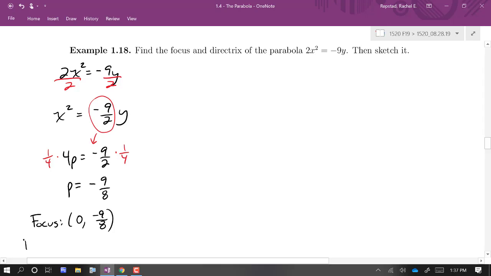So there's our focus. What's our directrix? What's positive 9/8? y equals, because it's a line, right? We want to remember that.